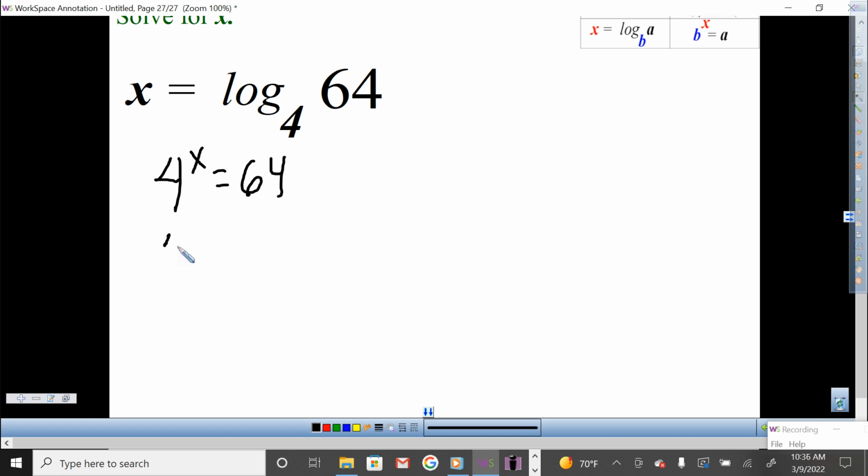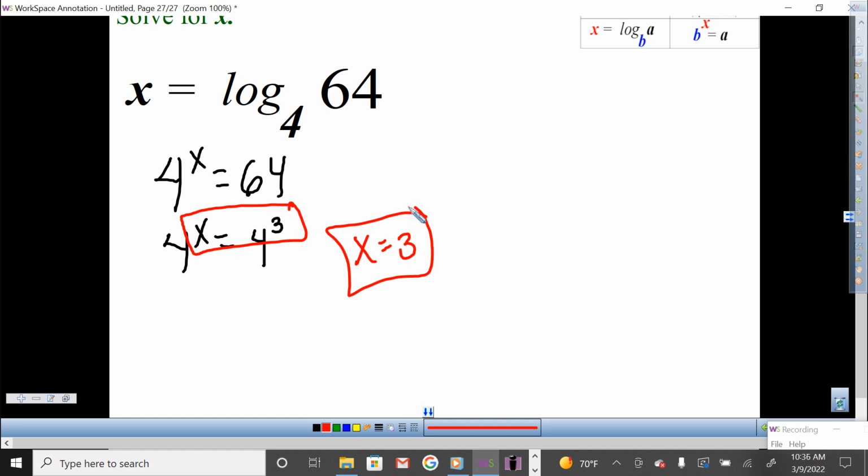So what do I write? 4 to the x equals 4 to the third. Is that correct? All right. Therefore, x equals 3.